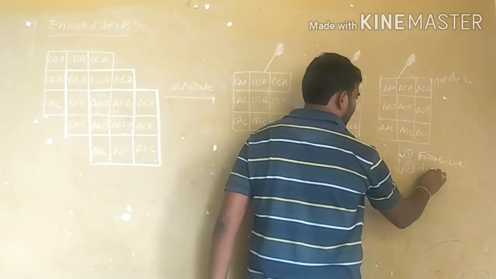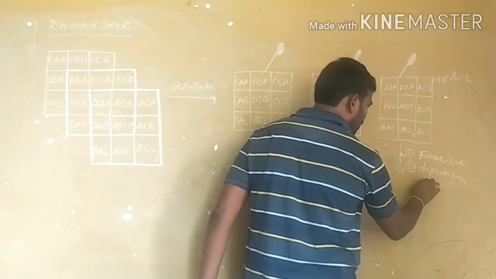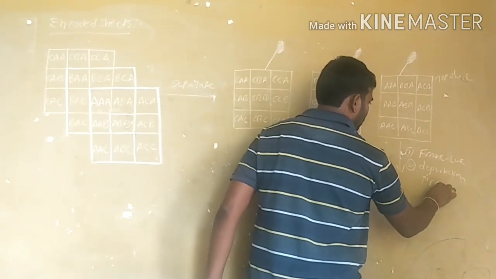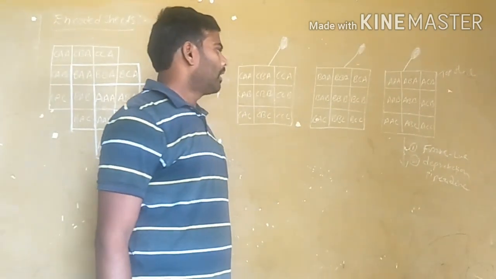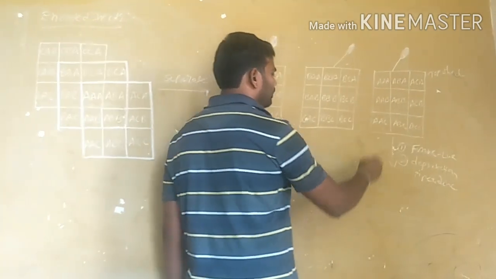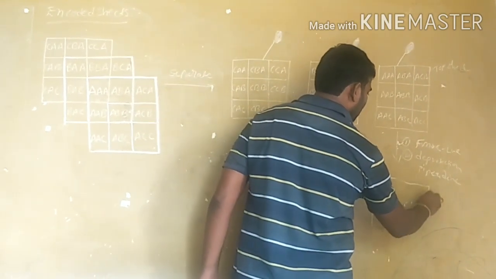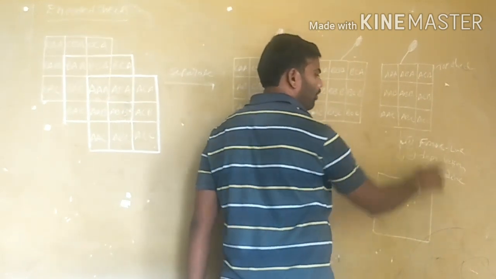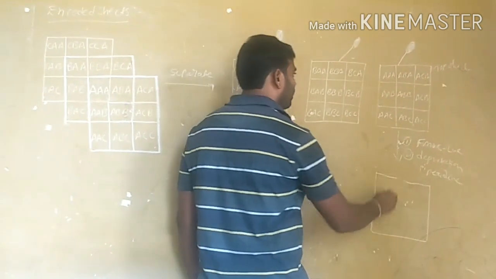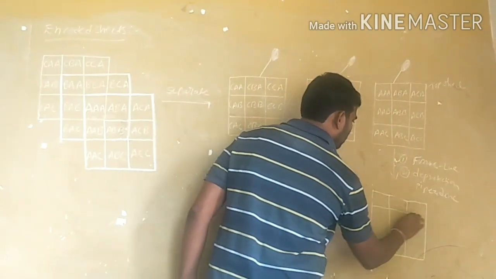Deprotection of this Fmoc by using piperidine. Here, once addition of this one amino acid to the resin bead is followed by the deprotection of this Fmoc, giving this one.